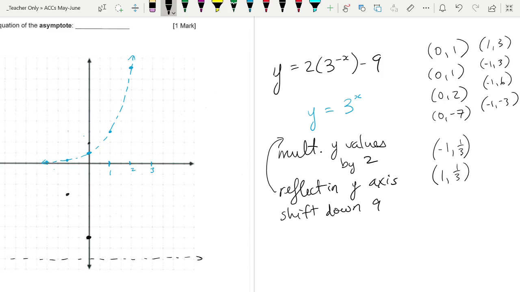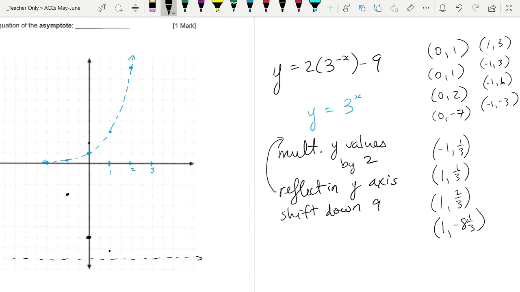And then we multiply the y values by 2, making that 1/3 become 2/3. And then we shift down 9, so 2/3 minus 9 becomes -8 1/3, right? So that's going to be 1 over and -8, which is here, and 1/3, so maybe there. And so there we go.